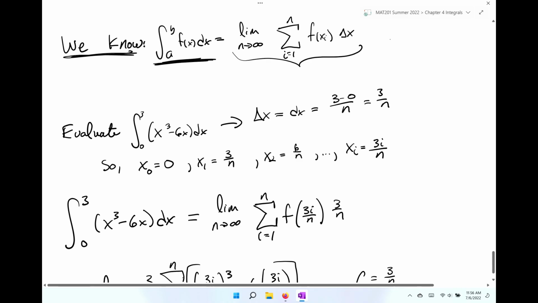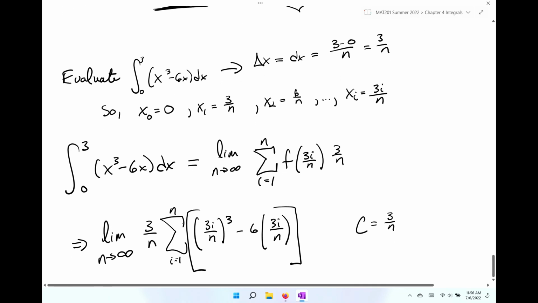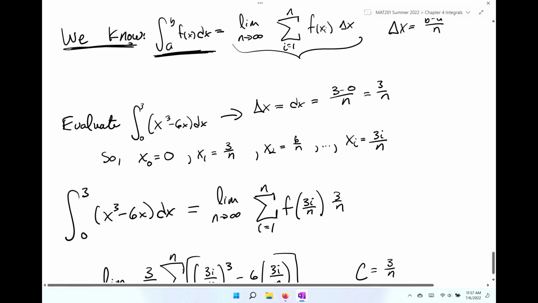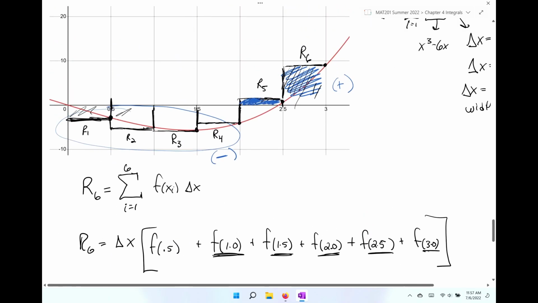Now, we also know delta x is going to equal b minus a all over n. Therefore, if I want to evaluate the integral from 0 to 3 of x to the third minus 6x dx, here's what I'm saying. I do not want these little blocks here. I want an infinite amount of them.